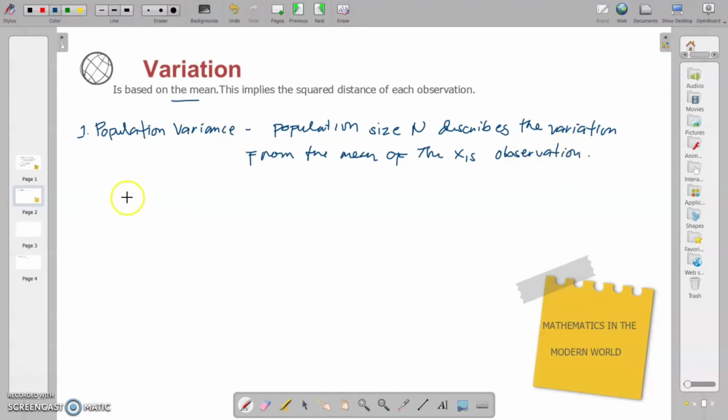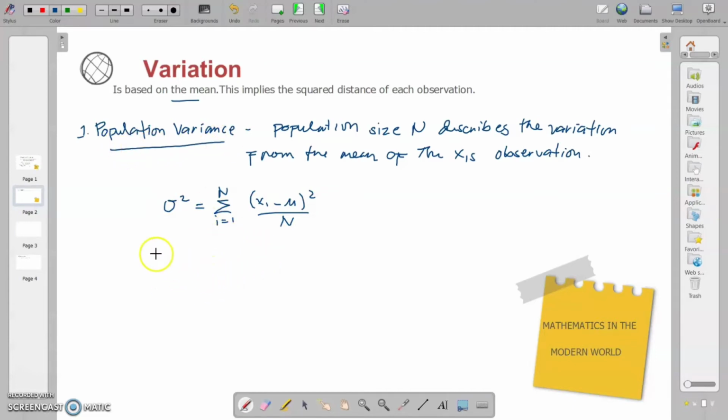So the formula: the population variance sigma squared equals the summation of i equals 1 to n of the quantity x sub i minus mu, squared, over n. So that is the population variance.